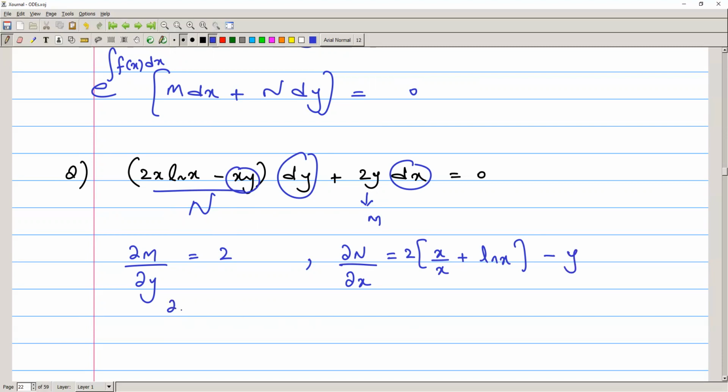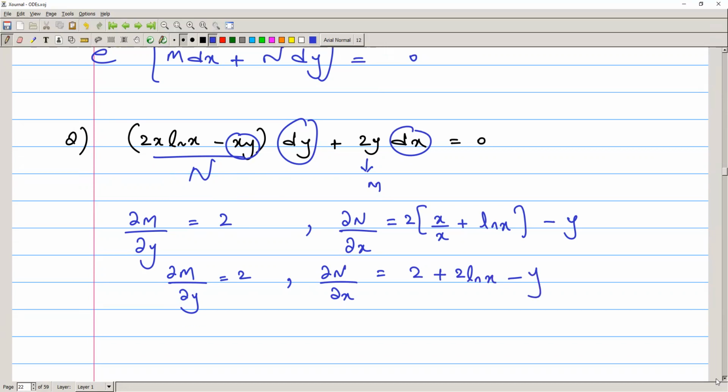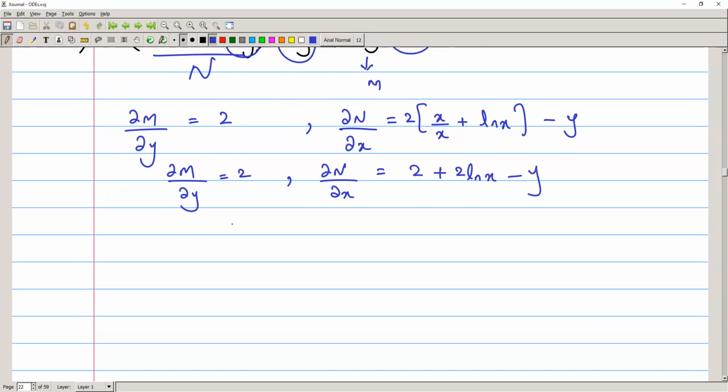So ∂M/∂y is equal to 2, and ∂N/∂x is equal to 2 plus 2 ln x minus y, which are not equal. Therefore, this isn't an exact equation.